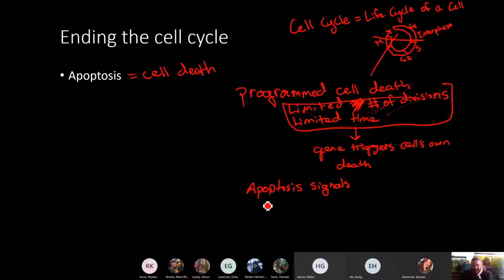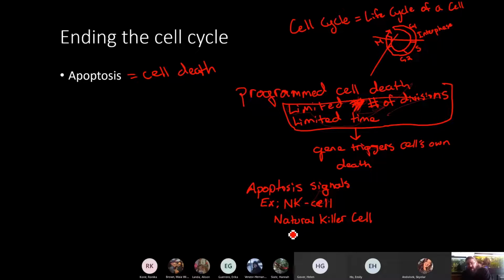For instance, there is a type of immune cell produced by your body called an NK cell. NK stands for natural killer cell.